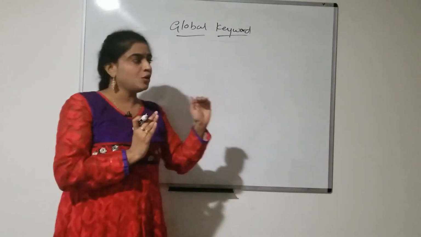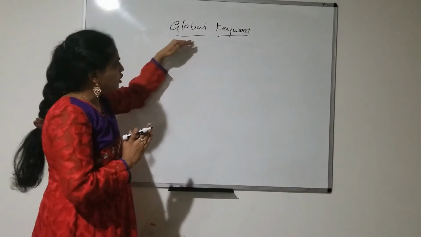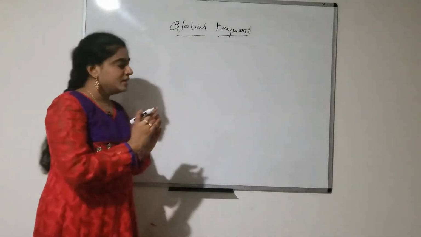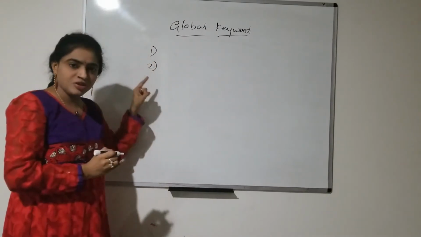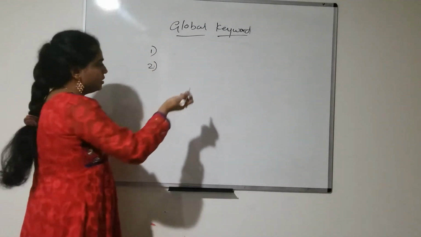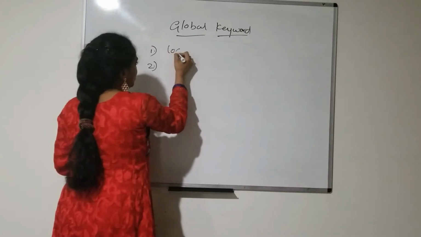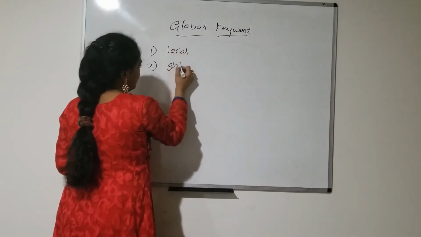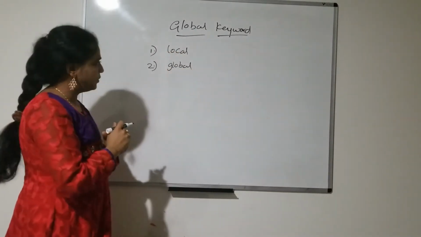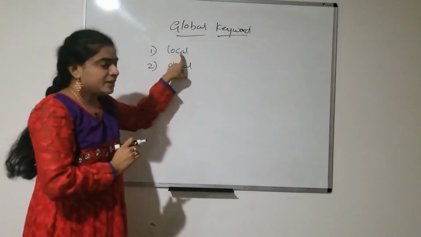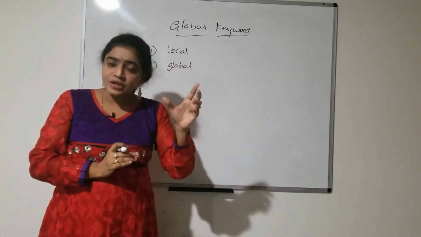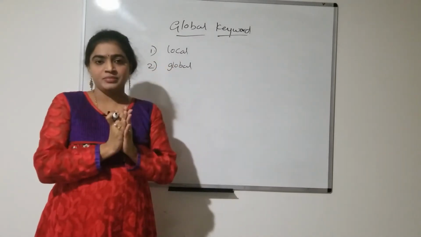Before talking about the global keyword, you already know that we have two types of variables: local variables and global variables. Local variables can be accessed only within a function.